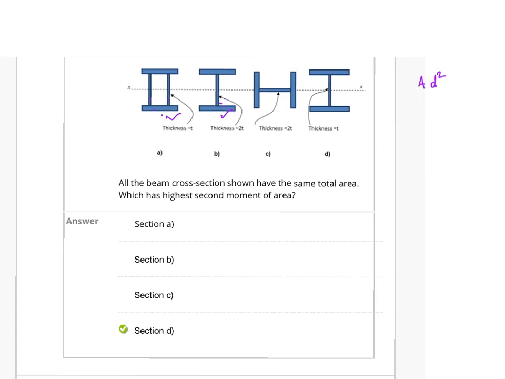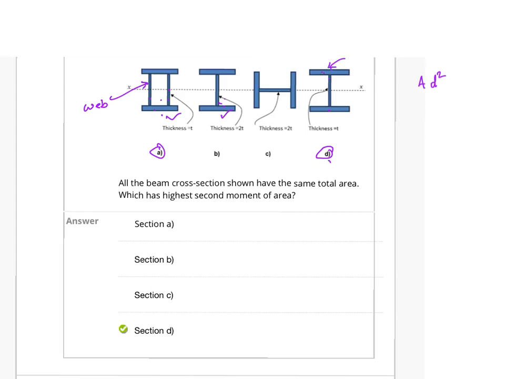If you compare that with section D over here, it has got a thin part, only one of these. Say if you compare A and D, then we could see only one of those webs, these vertical members are called webs, is in there. The other web is probably added to this flange.